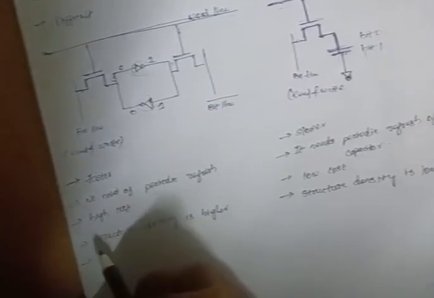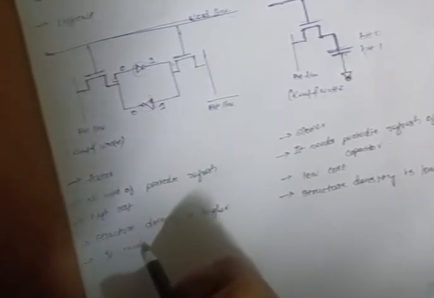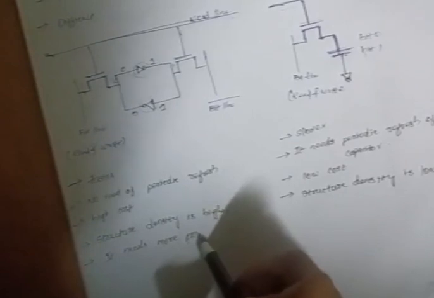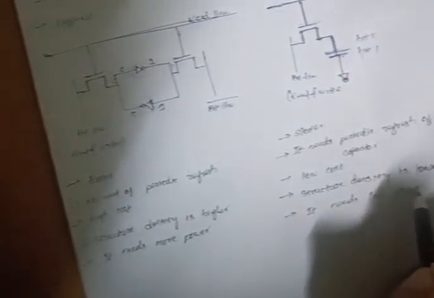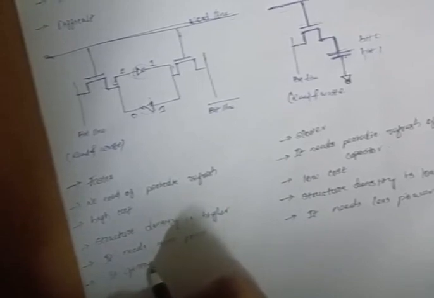As we see here, static RAM has more components, so it needs more power, and it also generates more heat. Dynamic RAM needs less power only. Static RAM generates more heat because of more power, more components.